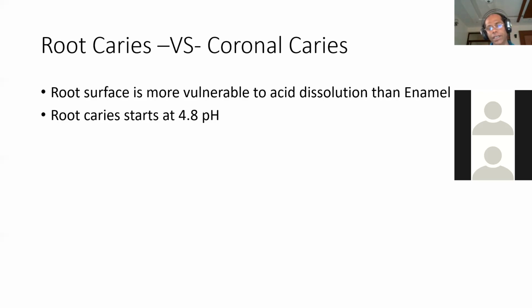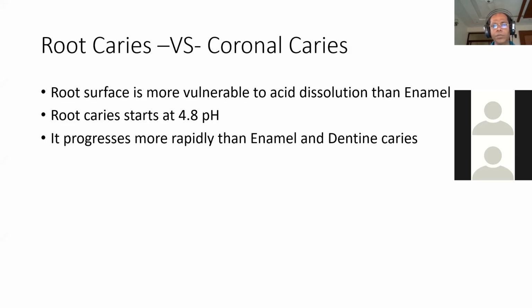But at a higher pH, root caries starts, because as I told you, the root surface covered with cementum is less mineralized, and enamel is highly mineralized. So that is the difference, and it means that when there is less activity in the plaque, it may lead to root caries as compared to enamel.